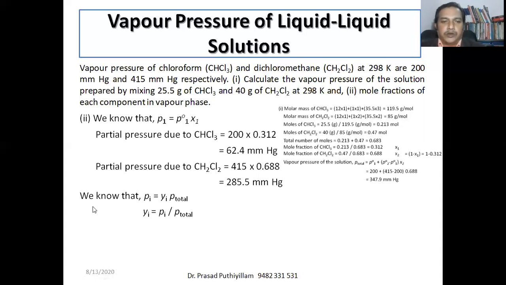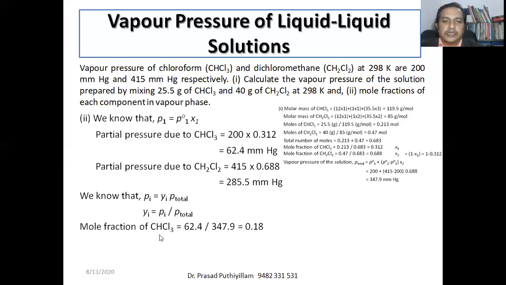Now Pi is equal to Yi P total, or Yi is equal to Pi divided by P total. We calculated the partial pressures of component 1 as well as component 2. Therefore, for those two components, trichloromethane and dichloromethane, we can calculate the mole fraction in the vapor phase.